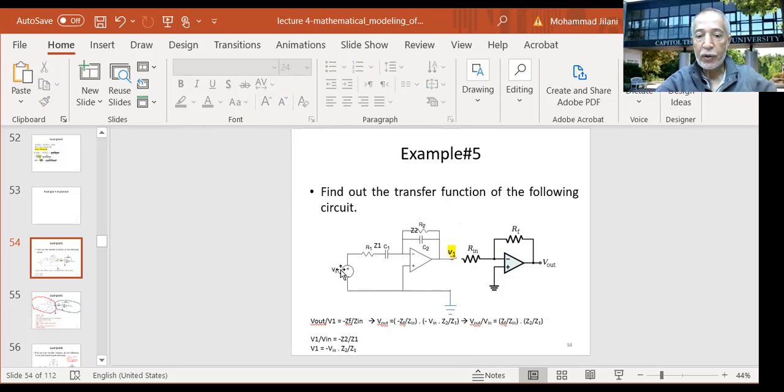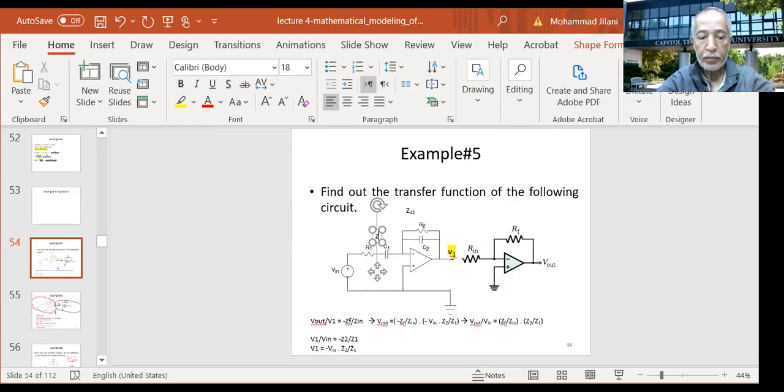And this function Vn, I have Z2. Here, this is Z2. And I will call this Z2, I'll call it Z12, Z12 as I did before. And this Z1, I will call it Z11 as I did before.